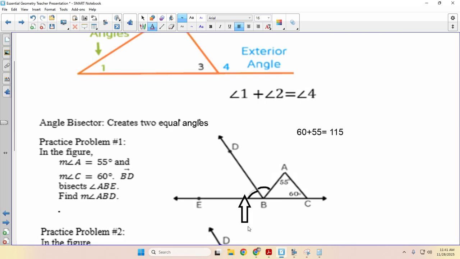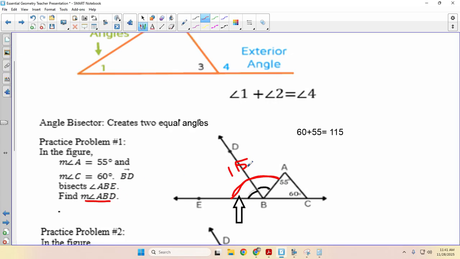So this whole angle over here is 115. And we look, they want us to find ABD. So they don't want the 115. They want half of that because it's bisected. So we're going to take the 115 and divide by 2.